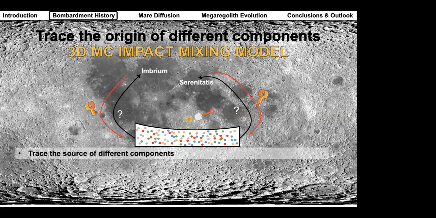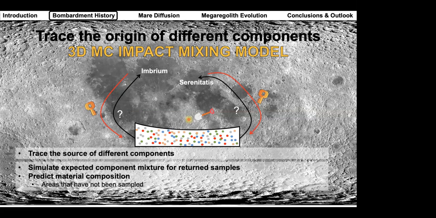With this model, we are able to trace the source of different components, and constrain the fractions of different components in the collected samples. And more importantly, with this modeling result, we can also estimate the compositions of materials over regions that have never been sampled. This will be very helpful for future sampling missions.